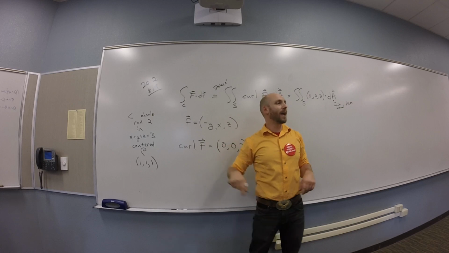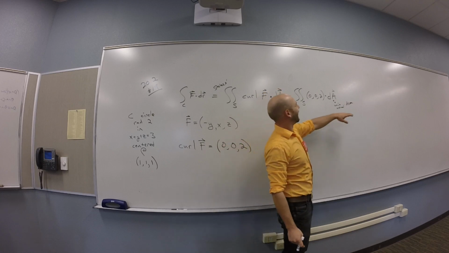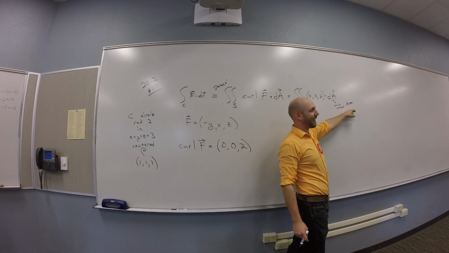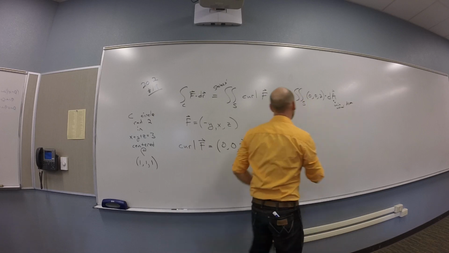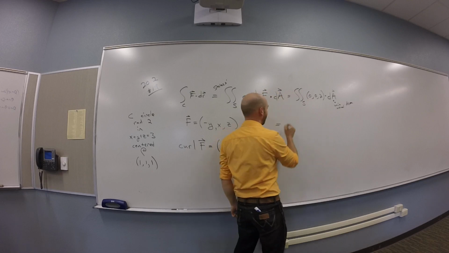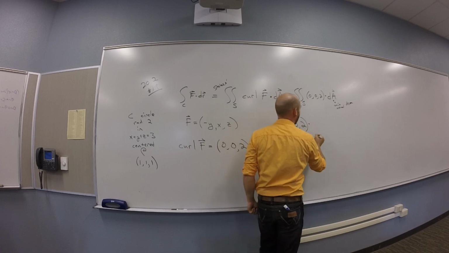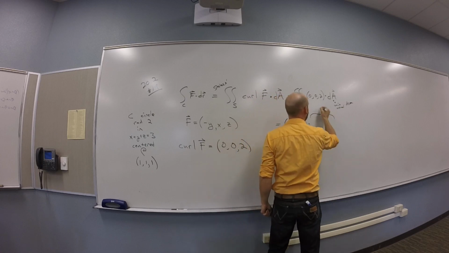So you can get away with saying, hey, it's not approximately a unit normal times an area. It actually is just straight up the unit normal times the area. You guys see that? So I can really just use a little geometry to say that's going to be the vector 0, 0, 2 dotted with, this guy better be a unit normal.